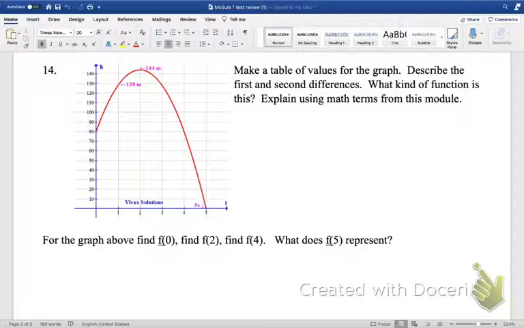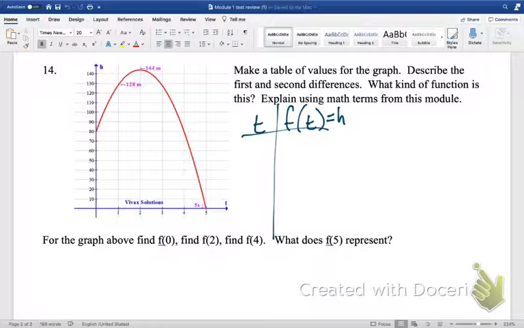Number 14, make a table of values for the graph. Okay, I can do that. So we have our t, and our f of t. T is representing time. Function of time is going to actually be our height.